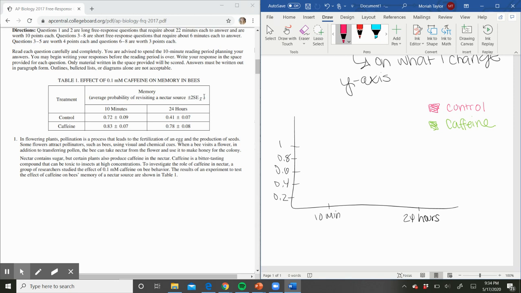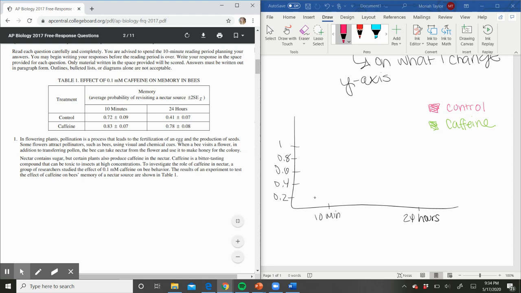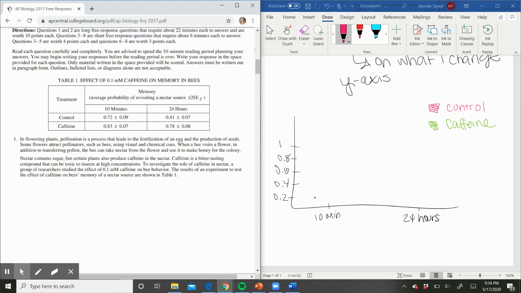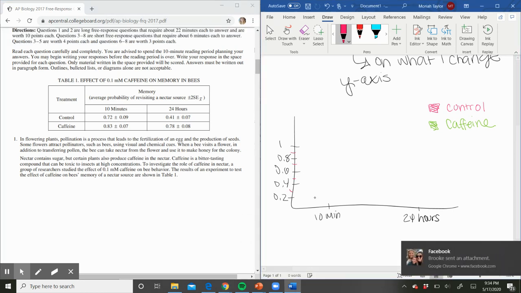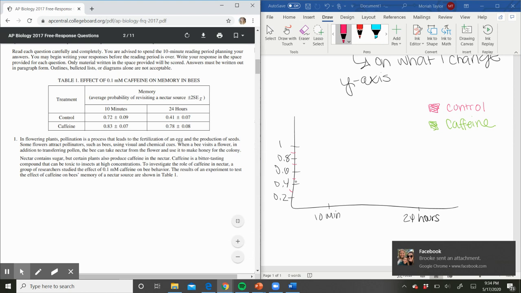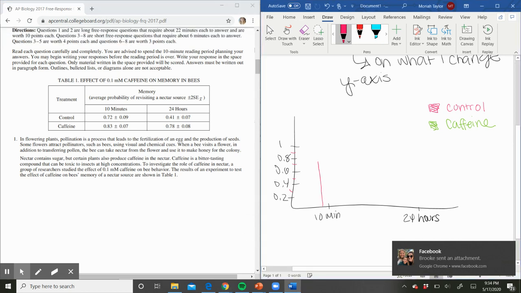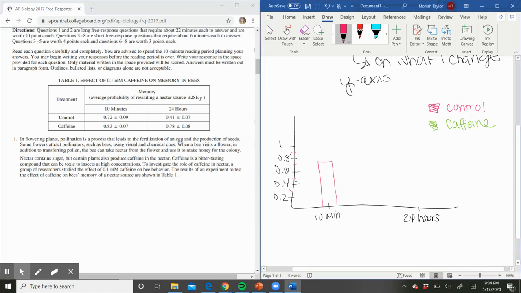So it says 0.72 is the mean, so I'm going to graph 0.72 as a bar graph. So this is 0.7. So 0.72 is going to be right above that. And then it says plus or minus 2 standard errors.